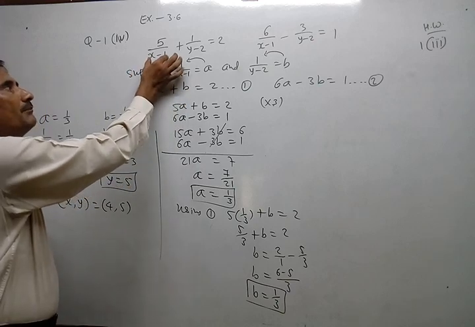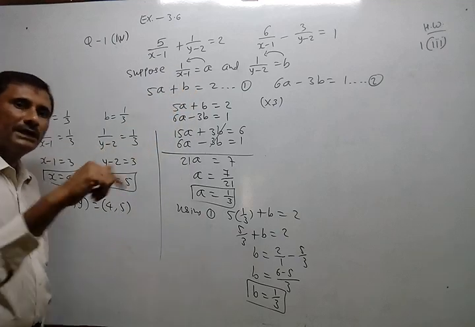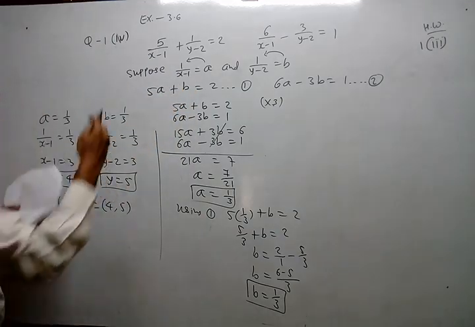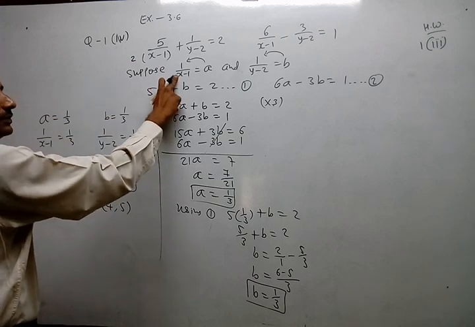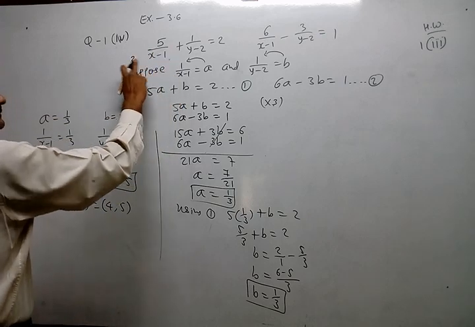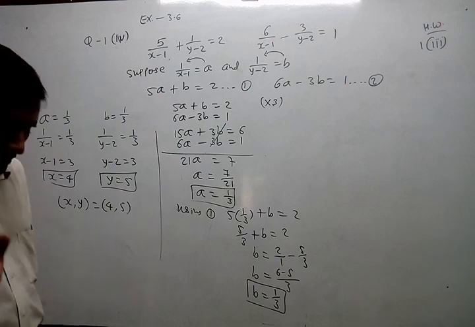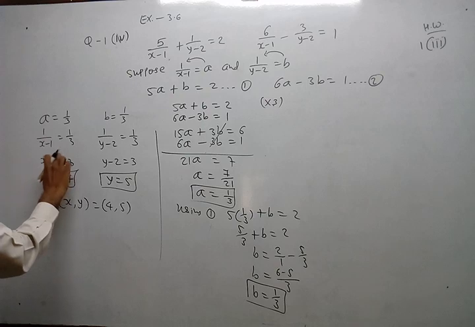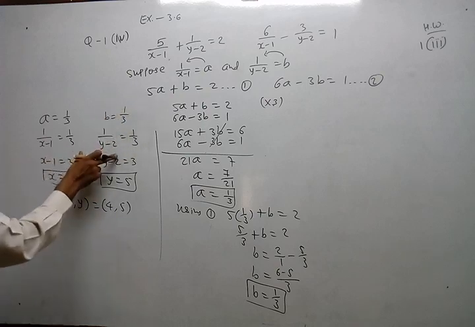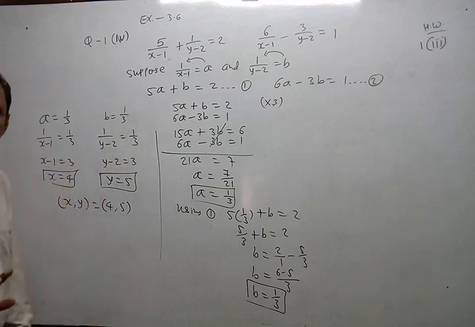But binomial or monomial, whatever is given, that you have to take. Suppose here 2 is given, then no need to take it here. It will be a coefficient. Understand? Then they are replaced by their appropriate original values, and then x and y are found.